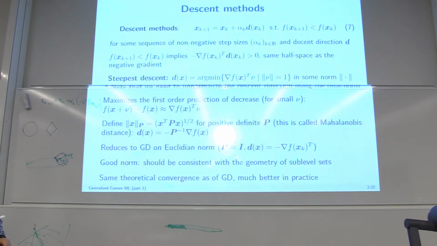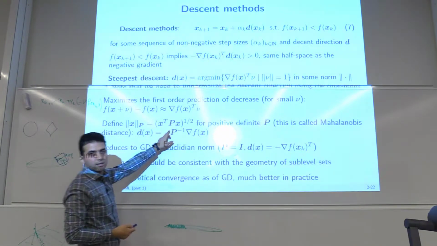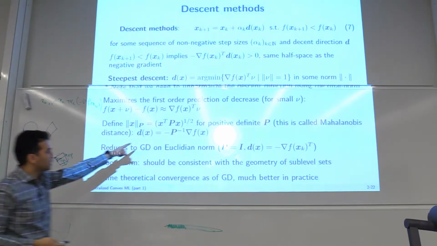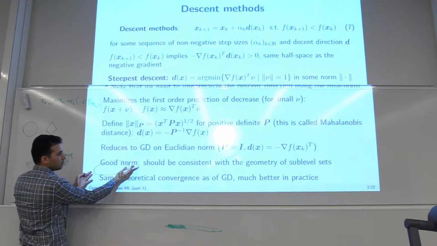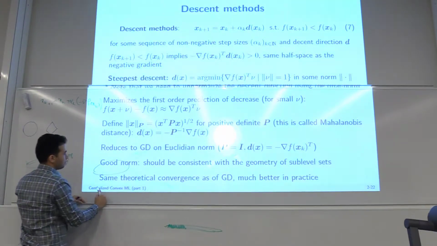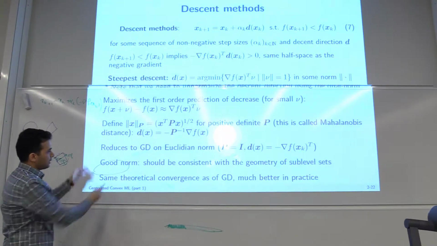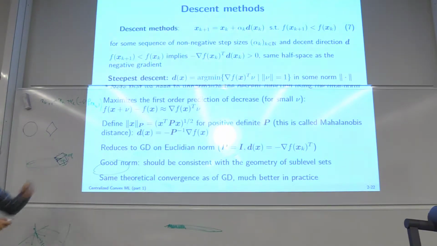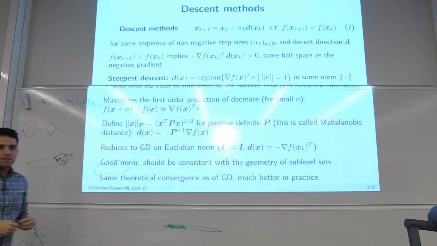Now, if we go with a general norm, defined like this, an ellipsoid. We have seen the shape of this guy. For different P, we can rotate this ellipsoid, make it more like a line or like a circle, and then of course rotate it with the choice of P. So what would happen if we go with this norm?